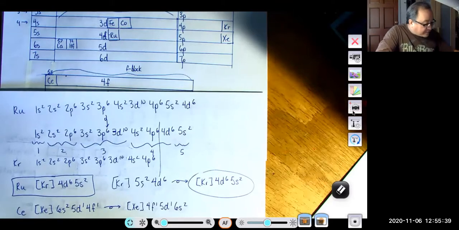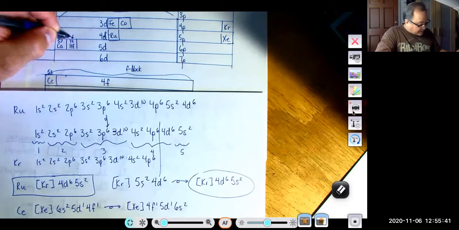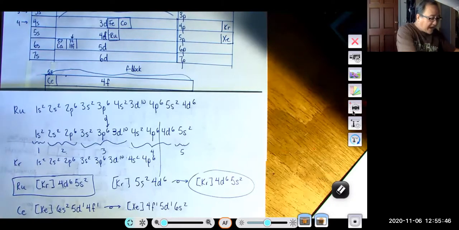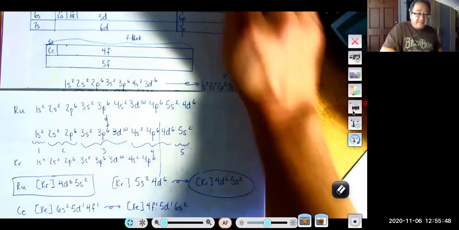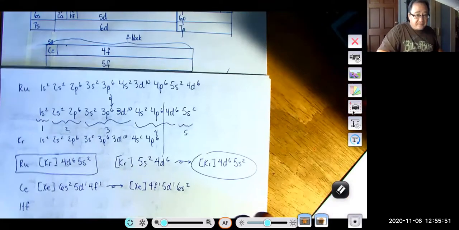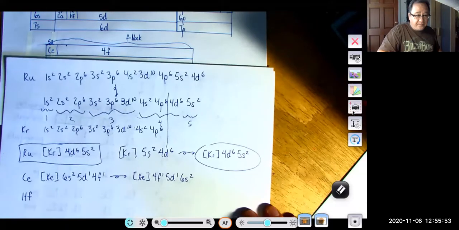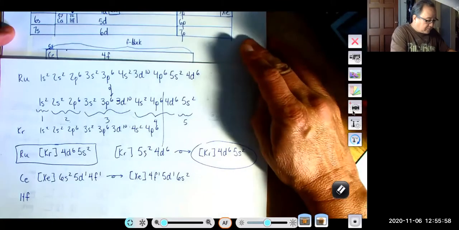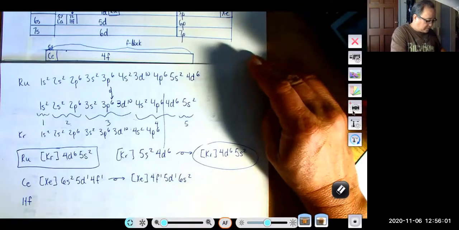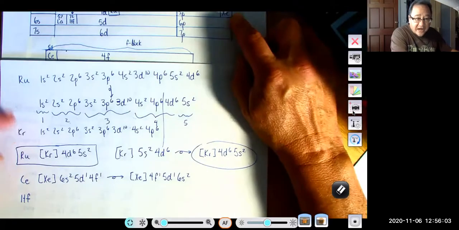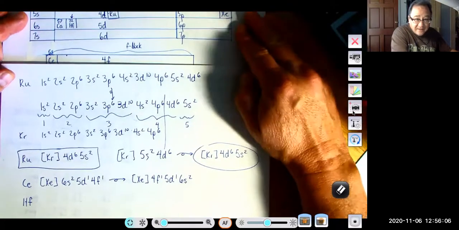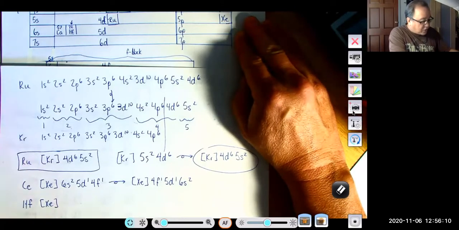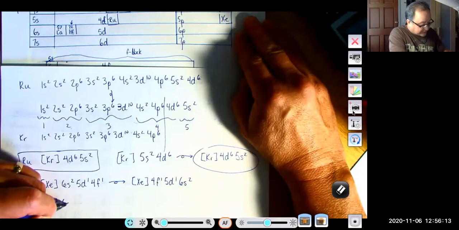And then here, if we do hafnium, what is hafnium? Let me show you what hafnium would be. For hafnium, we would also start at xenon. We would go through the 6s and call that 6s2.